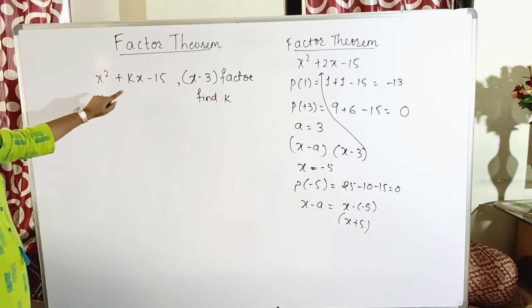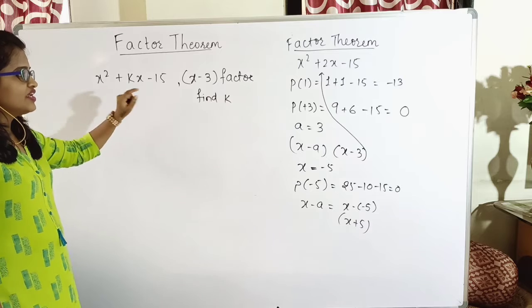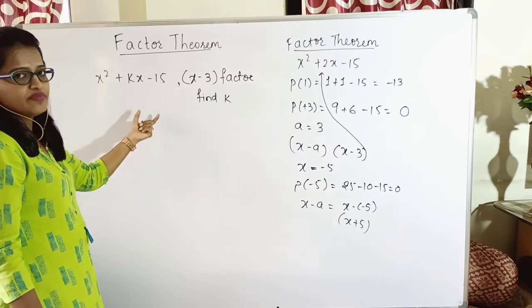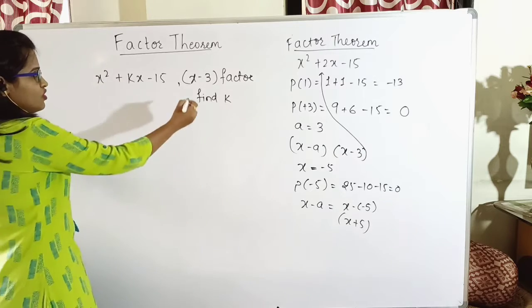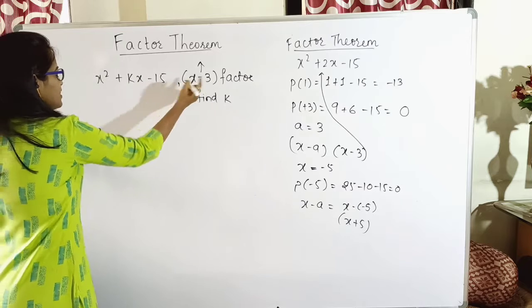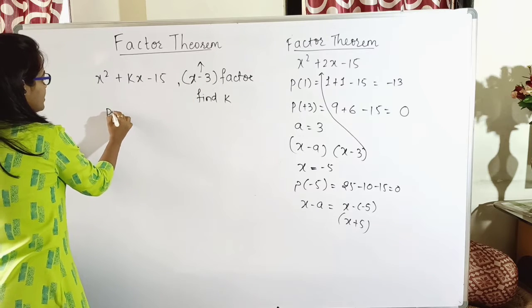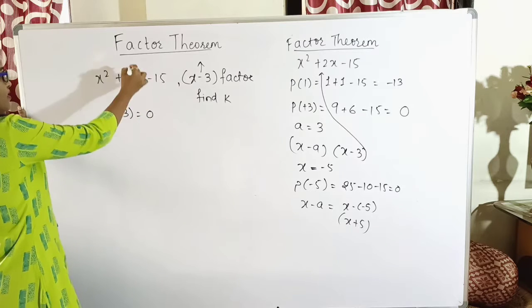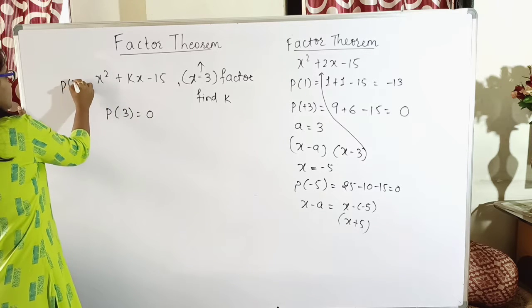Okay, according to the factor theorem, if any linear polynomial is a factor, it means the remainder is 0, or taking the 0 of this and putting it. So if x minus 3 is the factor, so definitely p of 3 will be equal to 0. Put it in the equation.